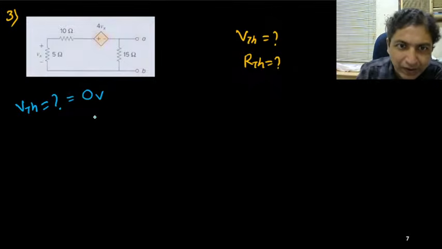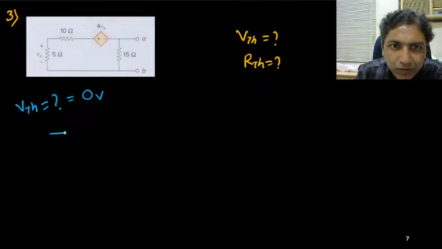Now, how to calculate RTH? To calculate RTH, we will consider this circuit. So this is plus, this is minus.